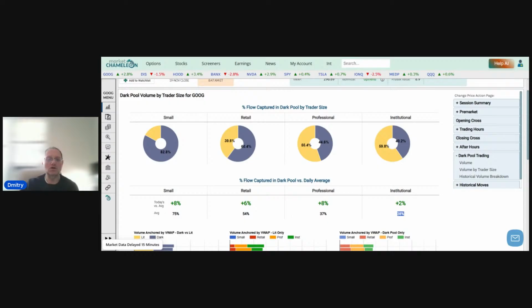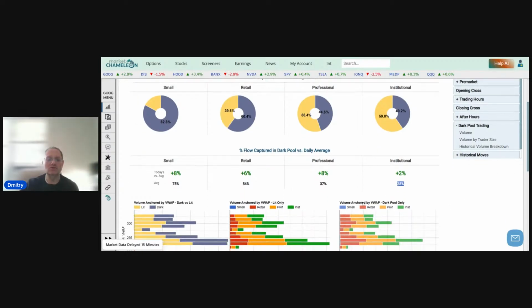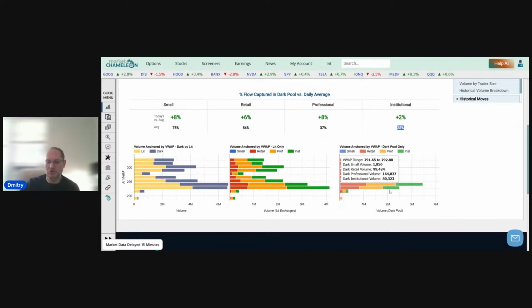And here's the breakdown in percentages of those averages. Okay. Really quickly, I'm going to go through this last one, which gives us a breakdown at each level, the VWAPs, of how they traded on the day. This shows us volume bars and the breakdown between lit and dark. Here we just want to see if it was proportional throughout.